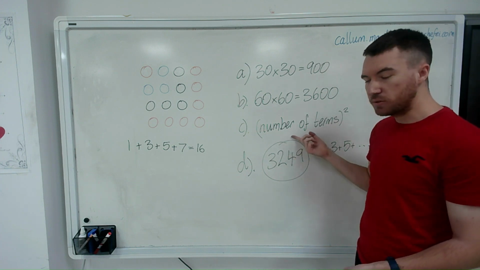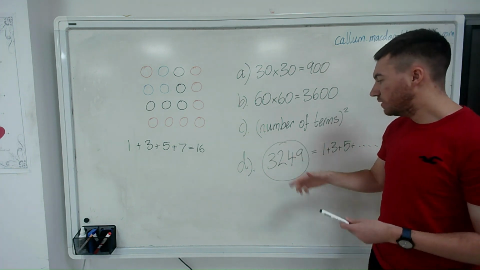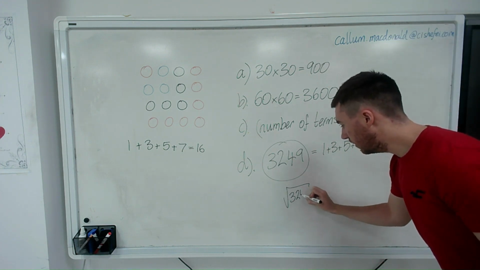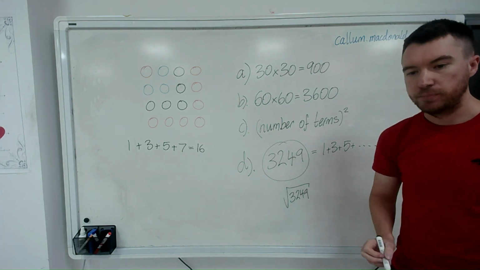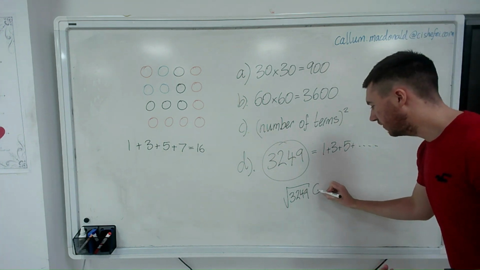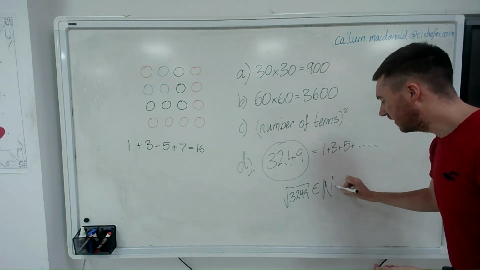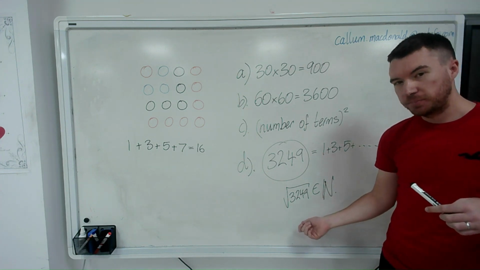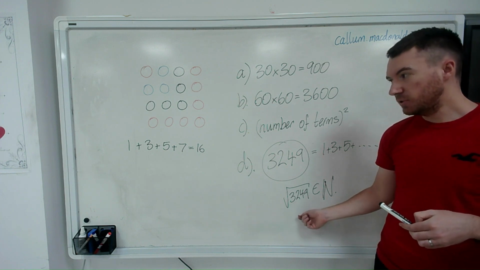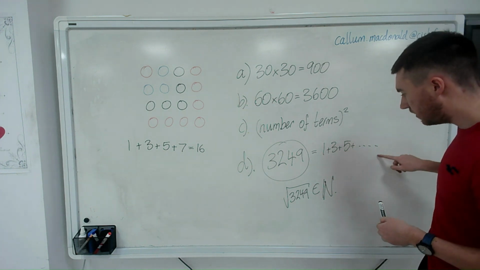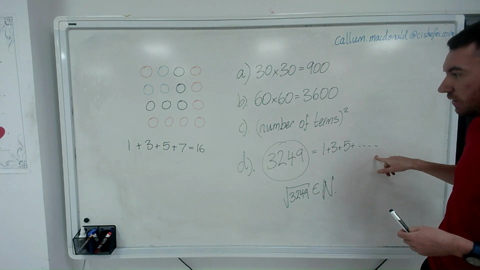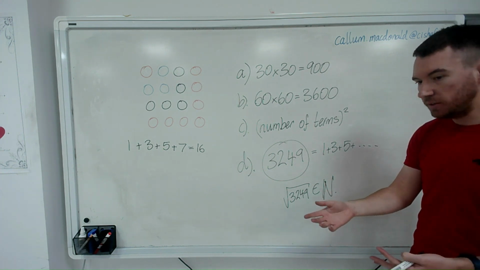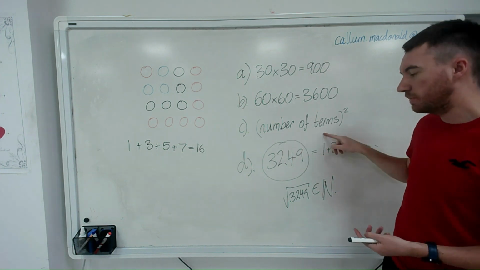That's what we deduced in part C. So to work that out, we would just find out if this is a whole number, a natural number. So is this not a decimal? If this is not a decimal, then yes, it can be written as this, because that's the pattern, right? We wrote it in part C.